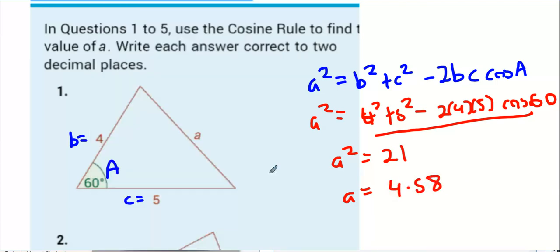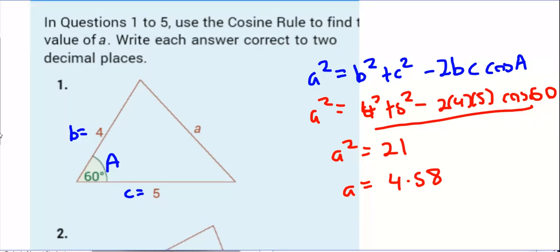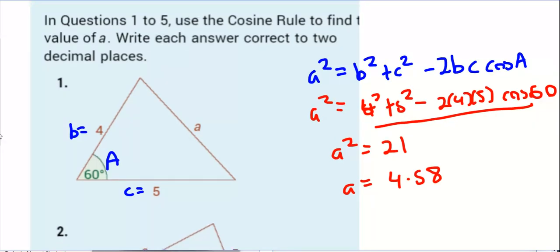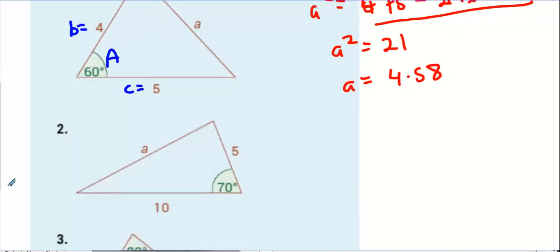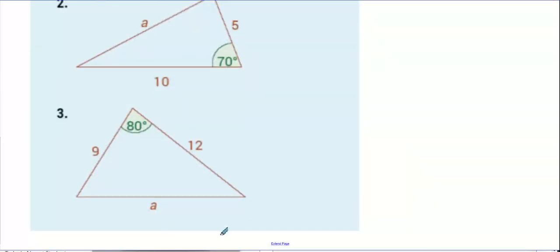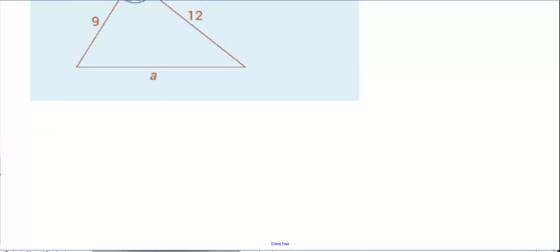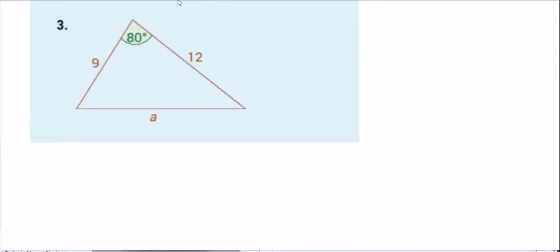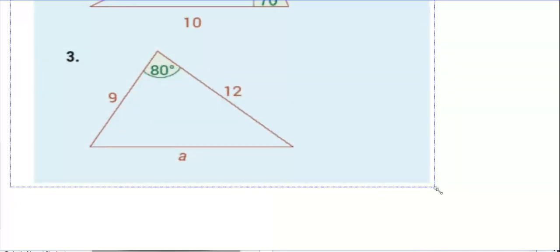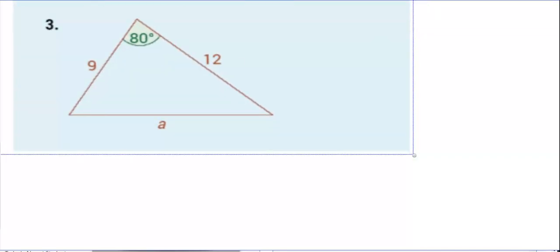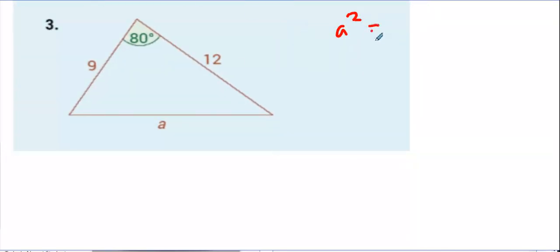Handy enough? All right, guys, let's try question 3. So you're doing this one now.